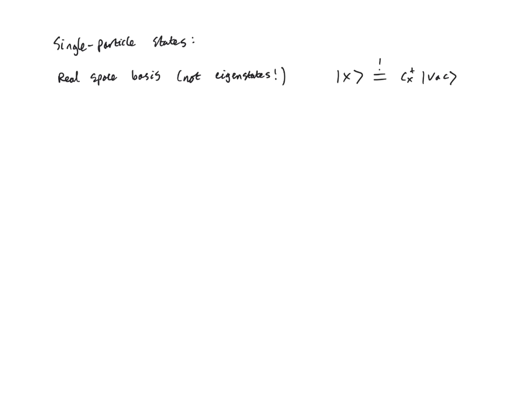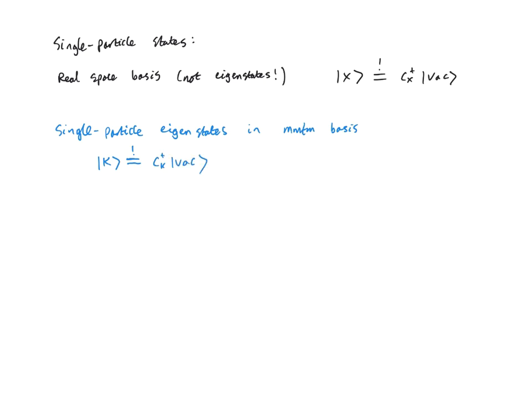Let's consider the actual eigenstates of the system. Let's have a look at single particle eigenstates in the momentum basis. I will call those, analogously, ket k, defined as being c_k dagger acting on the vacuum.